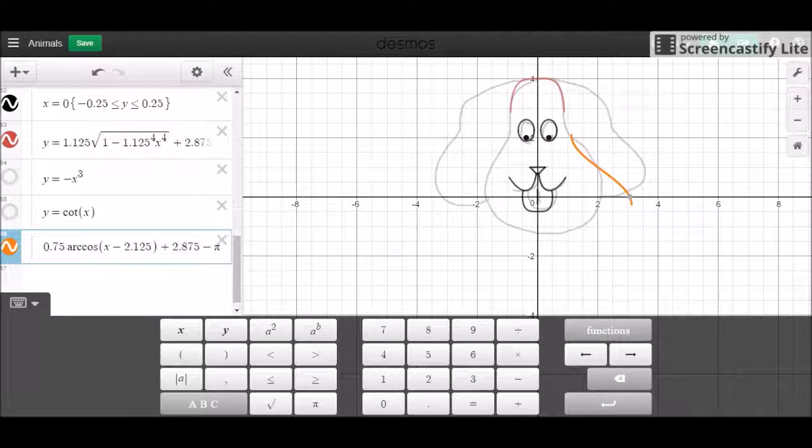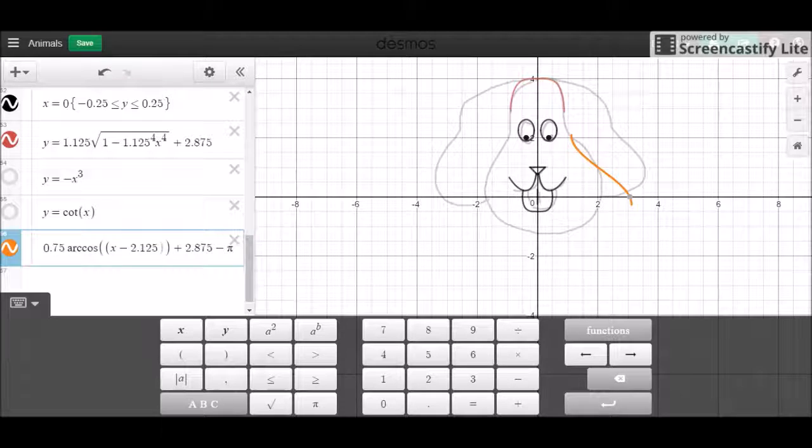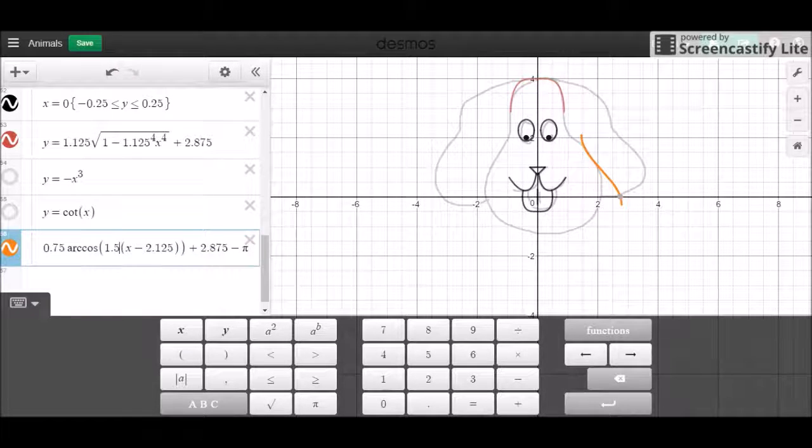And then even just press it by a little bit. I'll move it over by half a unit.